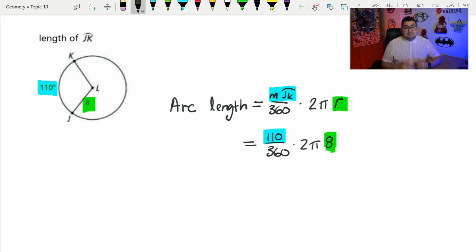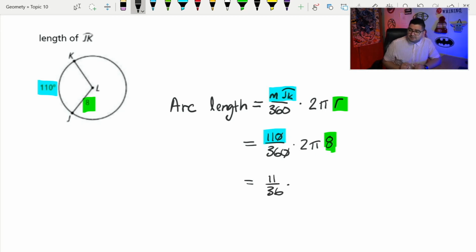Now it's just about simplifying this expression. I know fractions can get intimidating, but that's really the hardest part about this problem. On this side, I just have 2 times pi times 8, which is really multiplying the 2 and the 8. We're going to leave the pi alone. If I simplify this fraction, I can cancel out these zeros and I get 11 over 36.